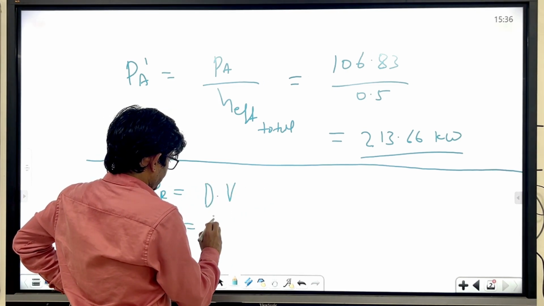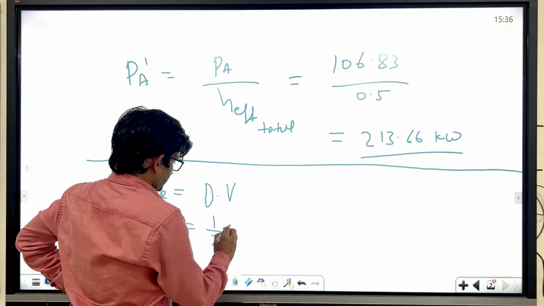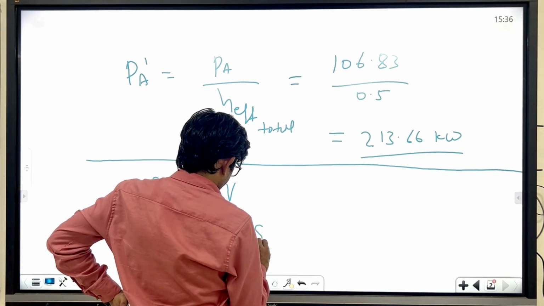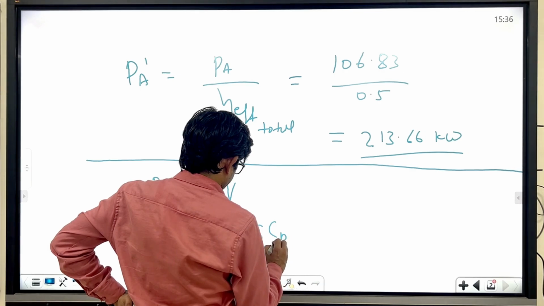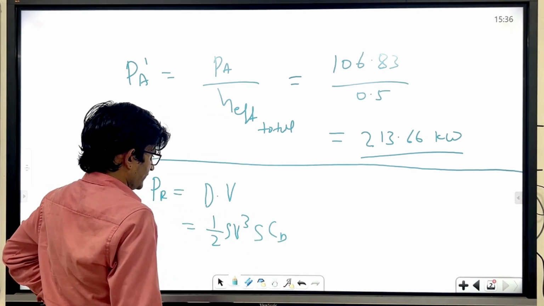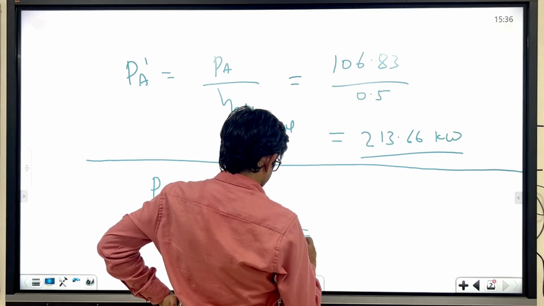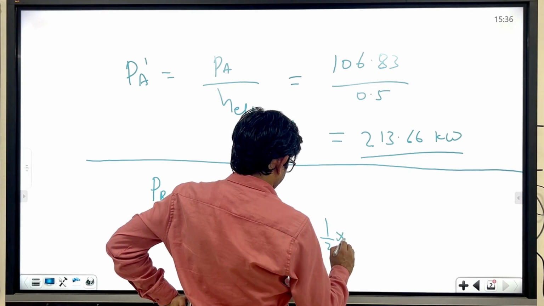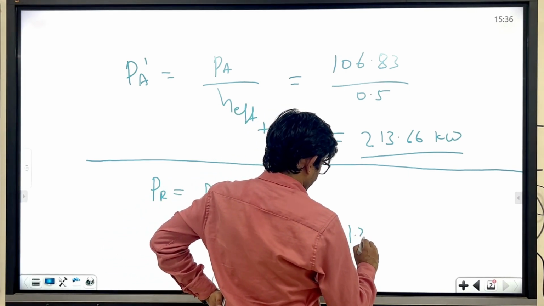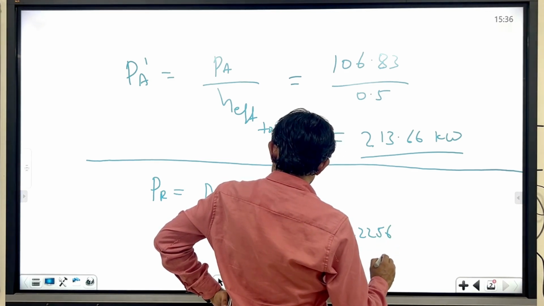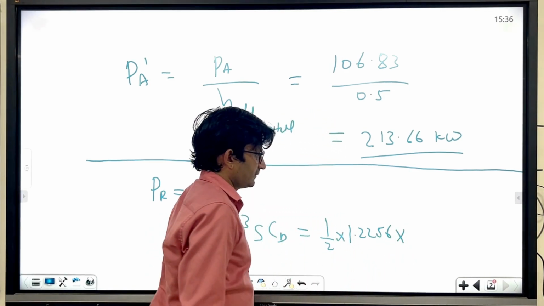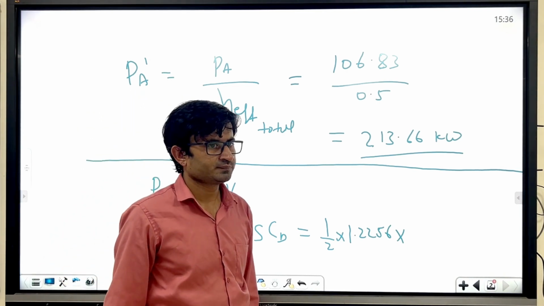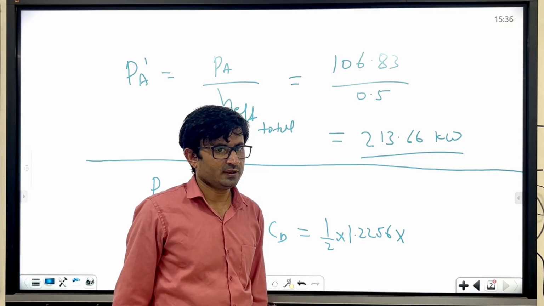So, it becomes half rho V cube S into CD, since V into V square will become V cube. Okay. Let's say I am flying at sea level altitude, rho 1.2256, and I am taking my maximum velocity as 3 times the stall velocity.